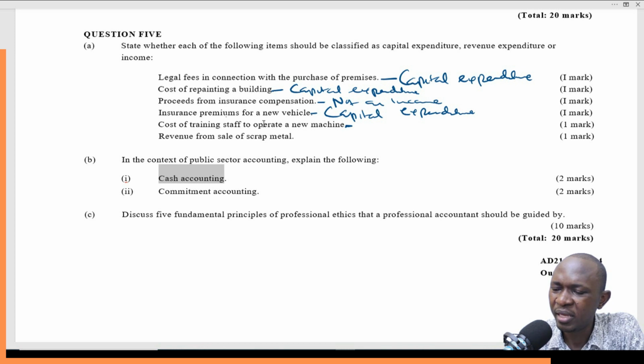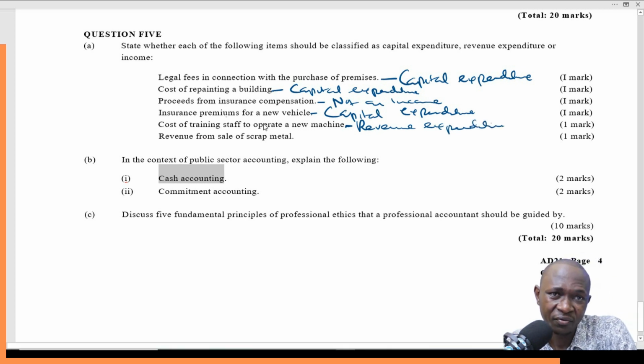The best it can go is a revenue expenditure, because the cost associated with staff is normally treated as revenue expenditure. Let's look at salary, let's look at wages. All of them are revenue expenditures, operational expenditures.